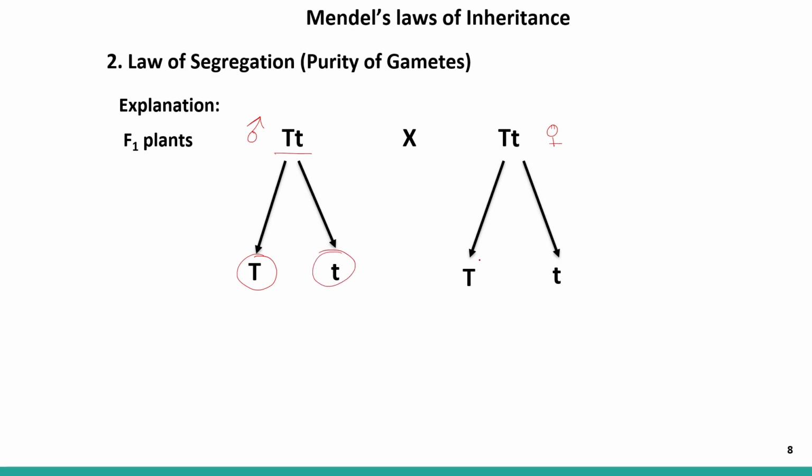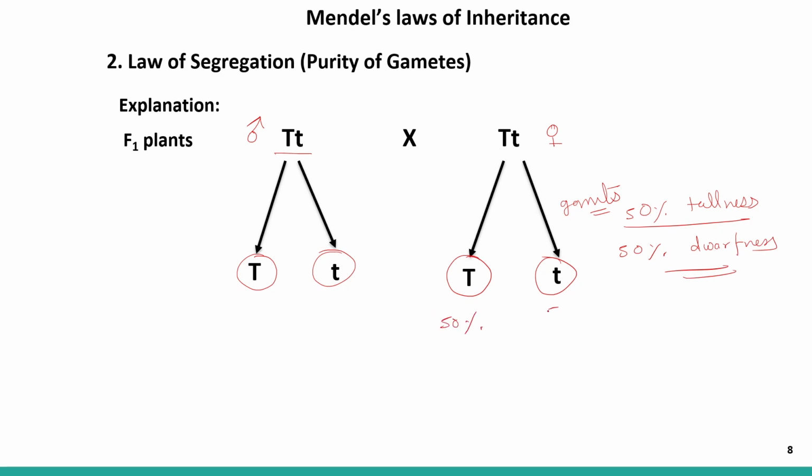The female will also form the same, that is 50% for the tallness and 50% for the dwarfness gene in the gametes. So 50% this one, 50% this one in the case of female, and again in the case of male, 50% capital T and 50% small t.